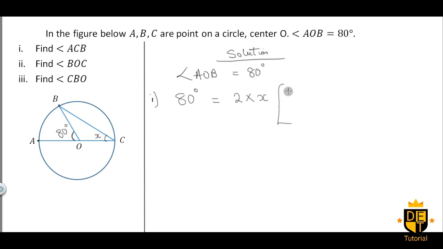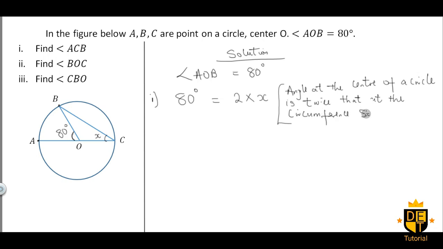The reason for this is angle at the center of a circle is twice that at the circumference, subtended by the same arc.